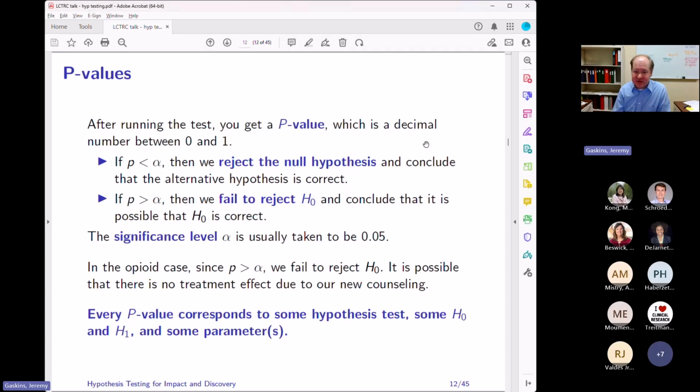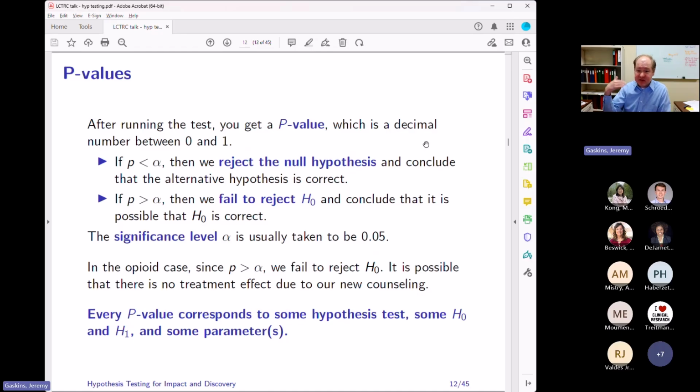We could potentially also argue whether that's a good choice or not. But typically that's the value we pick and we sort of don't argue about it. And so here in our opioid case, the p-value bigger than alpha means that we fail to reject H naught.